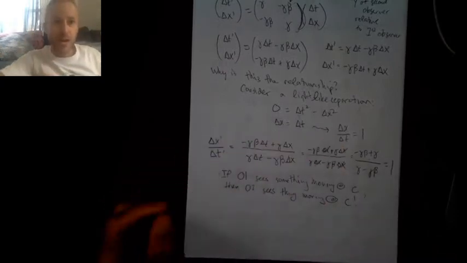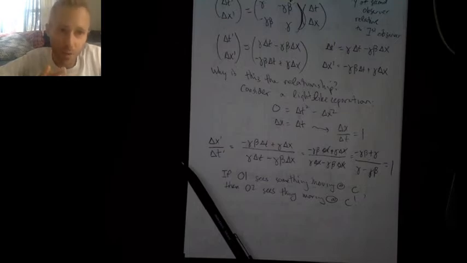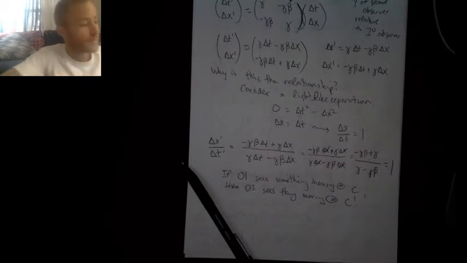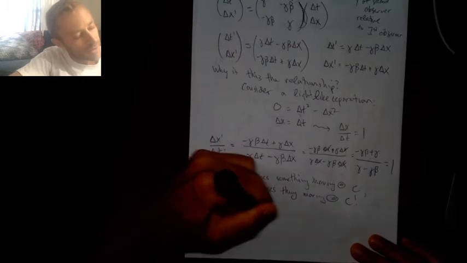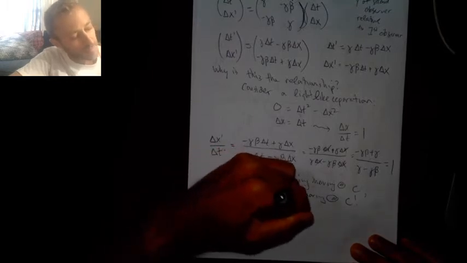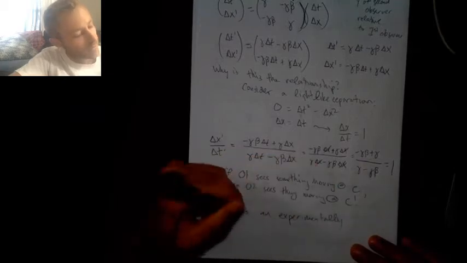The speed of light is the same for all observers. And this is actually an experimentally measured fact.